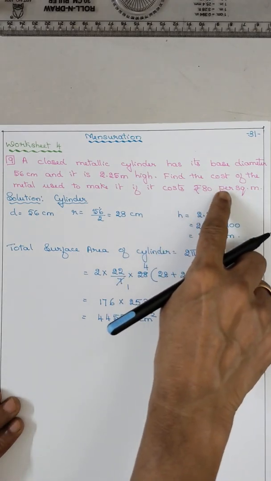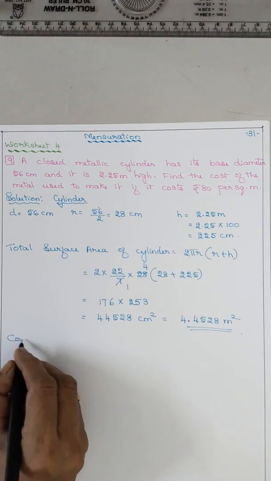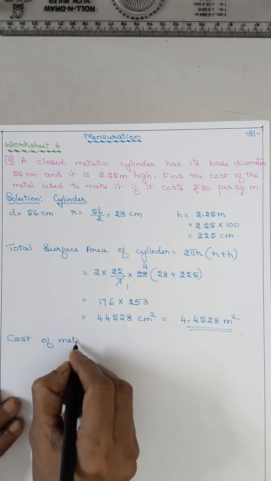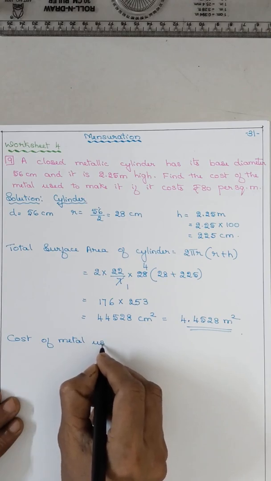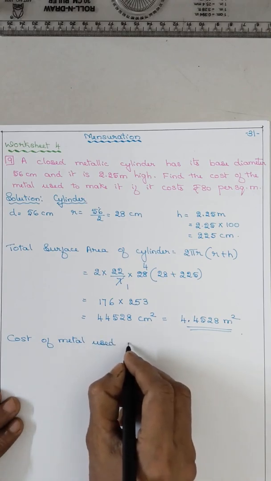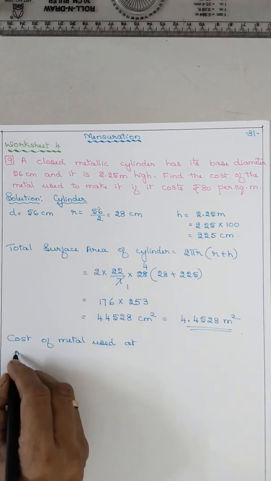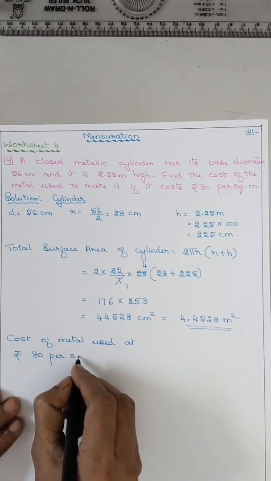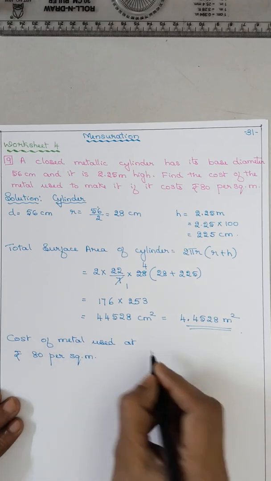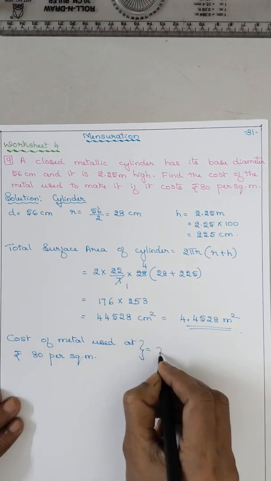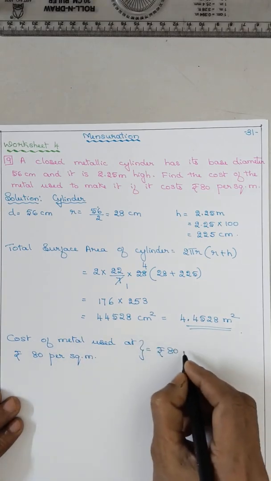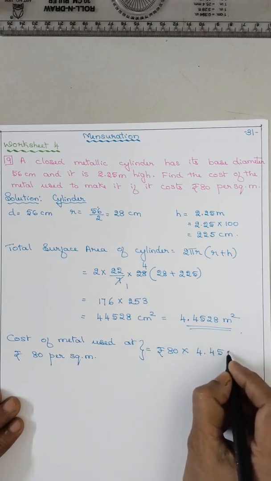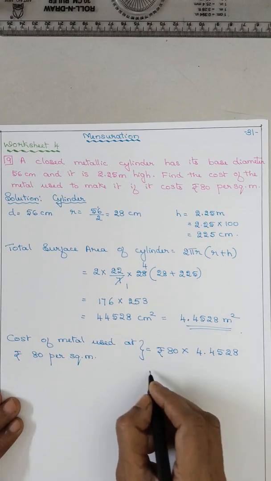Now you write, find the cost. Cost of the metal used at rupees 80 per square meter. Rupees 80 into 4.4528.